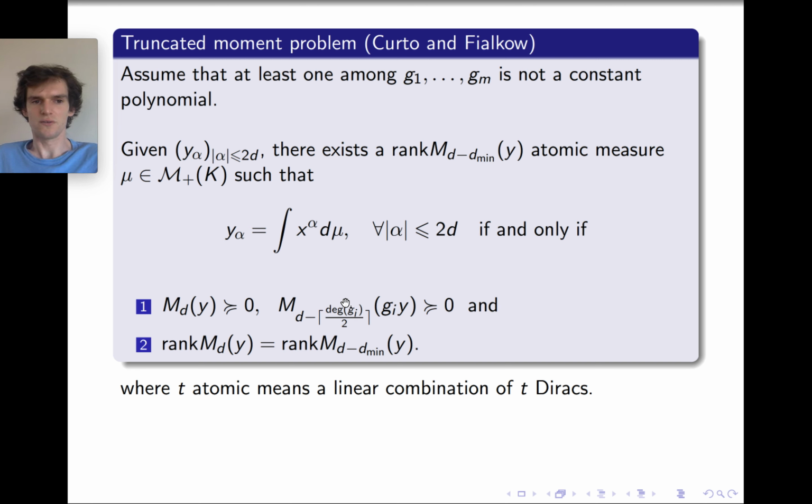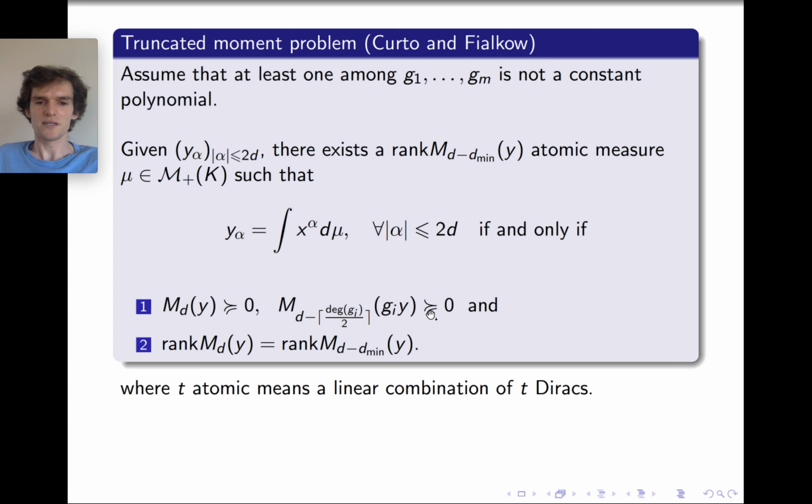Okay, let's try to unbundle this. T-atomic means that it's a linear combination of T Diracs. So if you recall the solution to the Hamburger moment problem, remember we had proven in the end that we were able to exhibit a measure that was a sum of Diracs. And this is what this is saying here, that you can guarantee that.